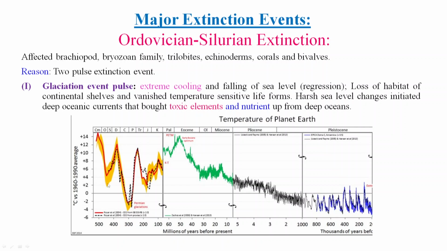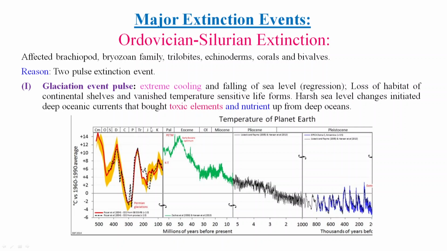These are the changes you can look at, how the temperature is falling during the Carboniferous to Permian time, and finally the Permo-Triassic time. Also at the Ordovician and Silurian time, there was a drop in temperature from the average temperature that should have prevailed at that time.